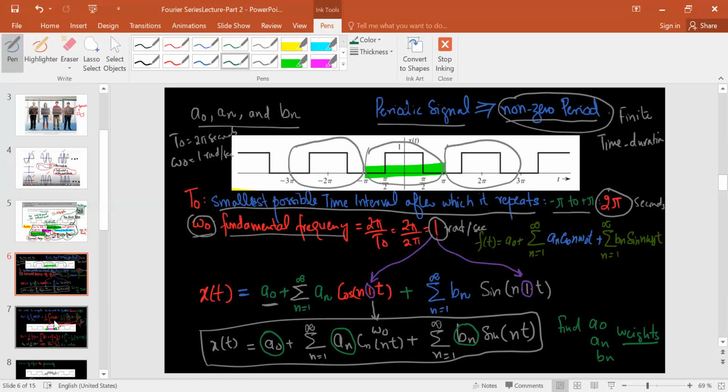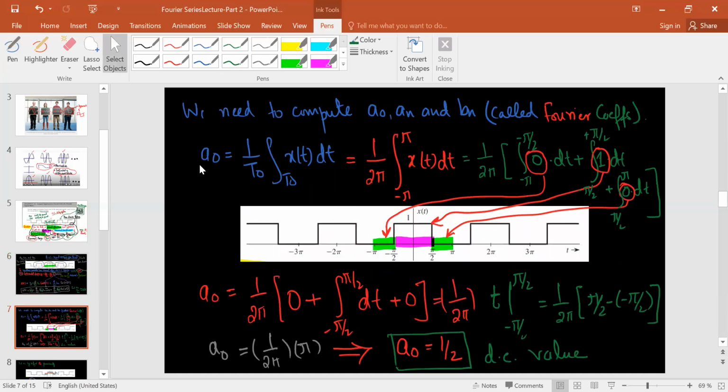Okay. So if I move to the next one, we now have to find a naught. First we find a naught. A naught is 1 over T naught times the integral over one period of x of t dt. Now this formula can be easily evaluated because we know that the time period is 2 pi.